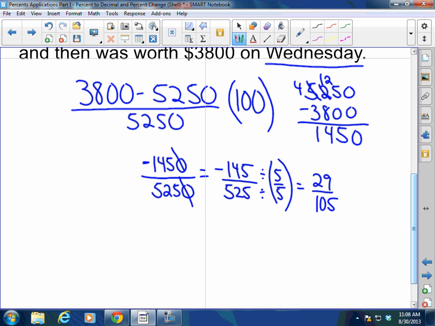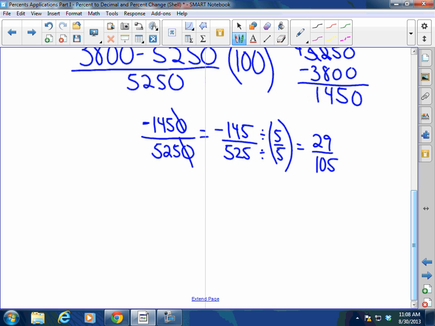Still not the prettiest division in the world, but it's a lot easier than what we started with. So let's go ahead and figure out the decimal value and then convert it into a percent. A lot of times these are going to be very ugly numbers, so I'm going to let you go out to 3 decimal places, and you can round to the second. So you're going to go out to the thousandths and round to the hundredths.